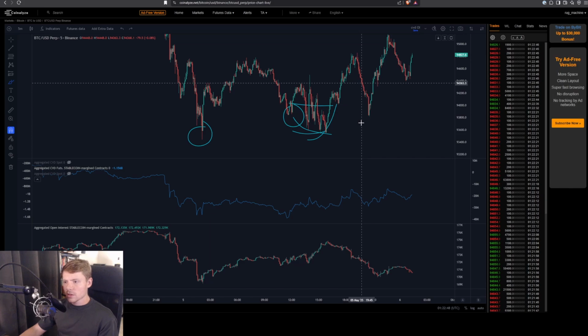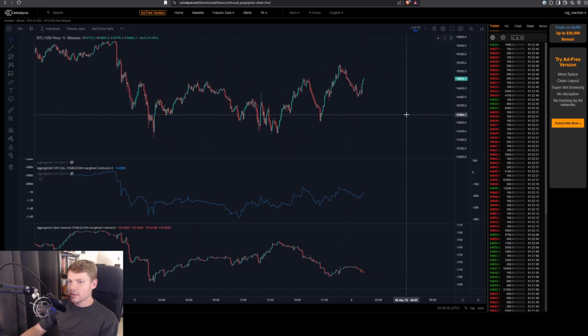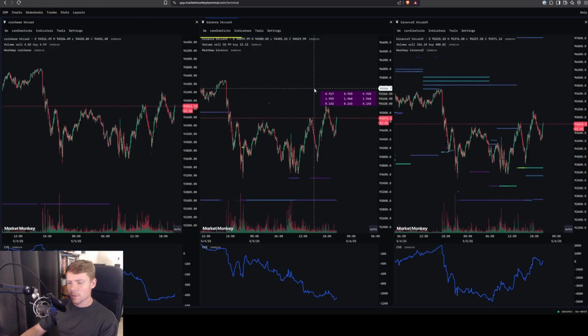So that's just a recent example I'm pointing out, but it's all to go over that these CVDs are not so cut and dry. You really want to look for the nuances. You want to look for where their effort is being made and price is not making it.